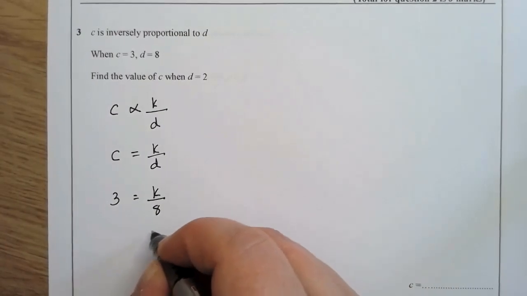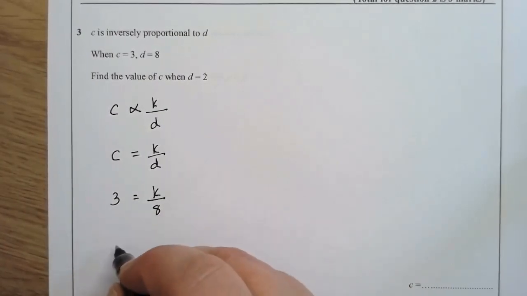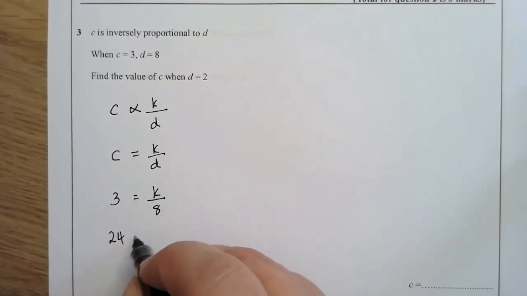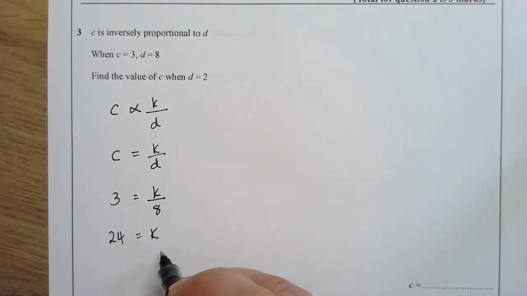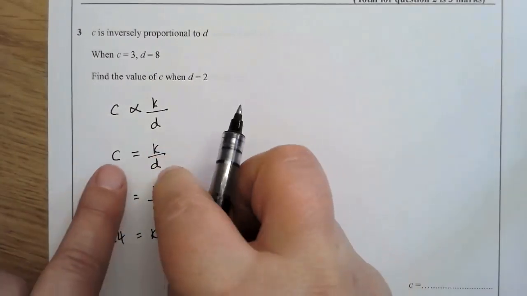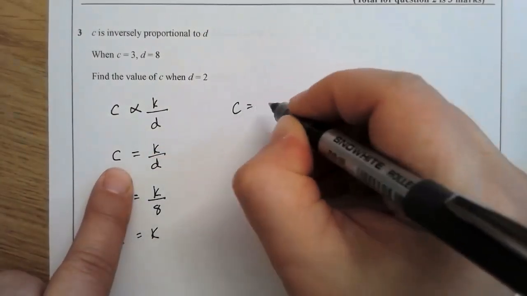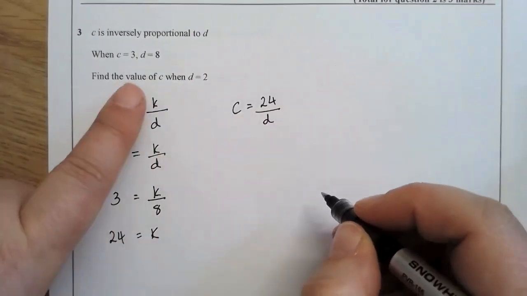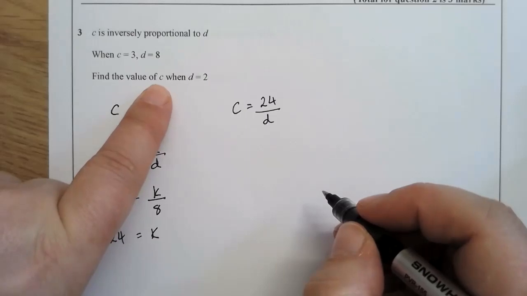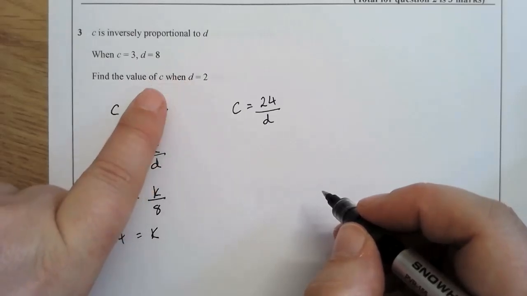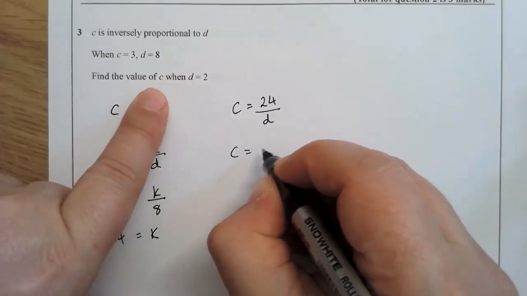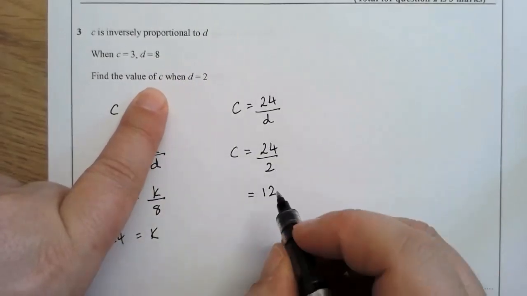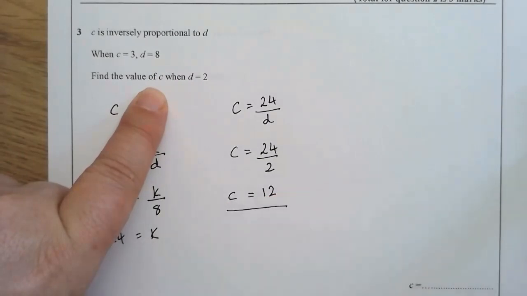And therefore K is 3 multiplied by 8, which is 24. So we know what K is. So then we're going to substitute K back into here. We know what D is, and we need to find C. And that's our answer.